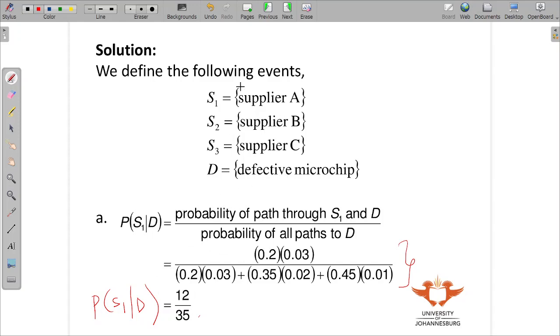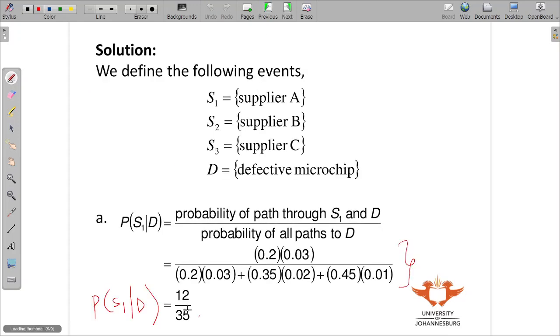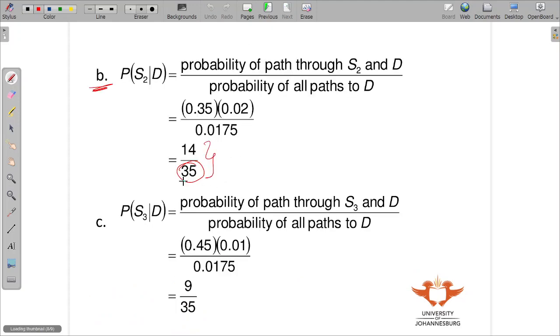If you go for the second one and put the values in, you will see the denominator is the same. The sum in the denominator is the same for all of them. For probability of S3 given D, we also have the same denominator. Please make sure you understand.